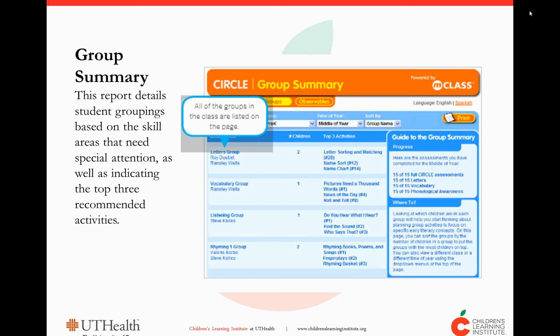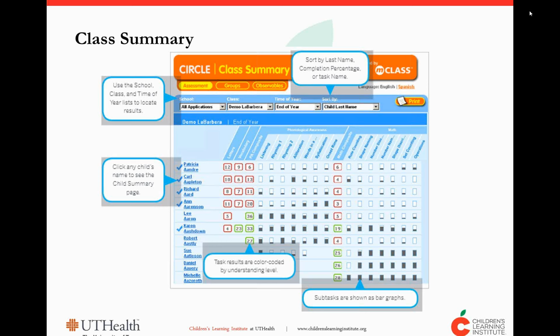And so they're given specific things to do out of a curriculum activity manual that then when they run out of those, they can go to other curriculum resources they have. And then they have, of course, a class summary that gives them all of the children in their class and gives them information across all skill areas, and as they add new assessments across the year, of course, they see that information.